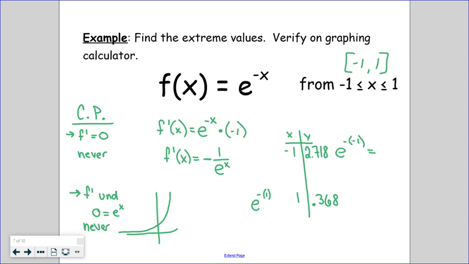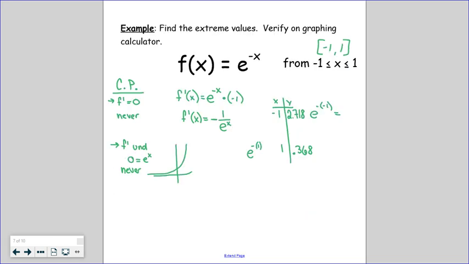So then I can completely identify that I have an absolute max of 2.718 at x equals negative 1, or e at x equals negative 1. I have an absolute min of 0.368, or 1 over e, at x equals 1.